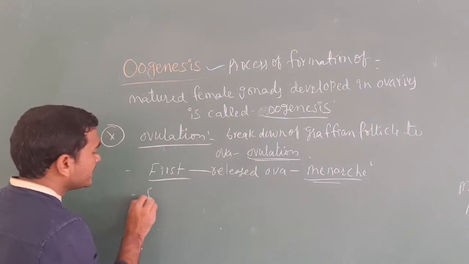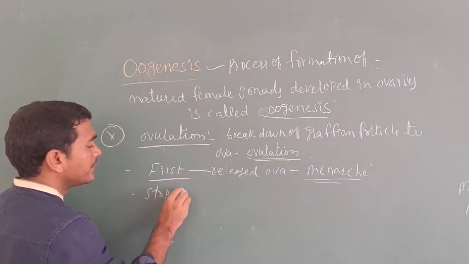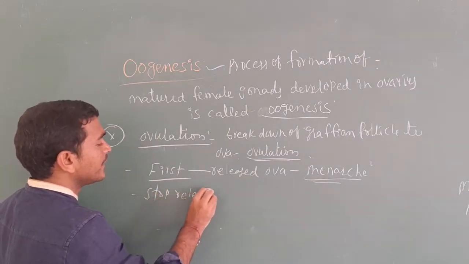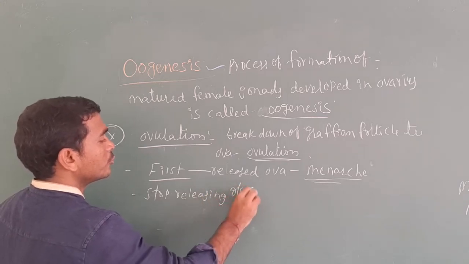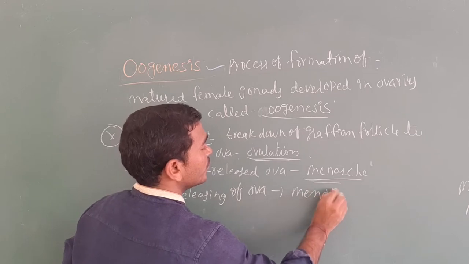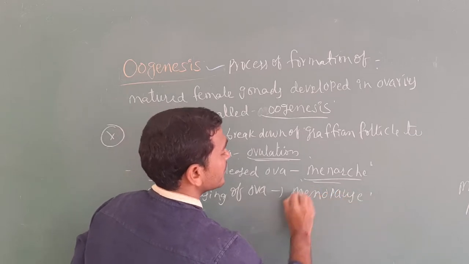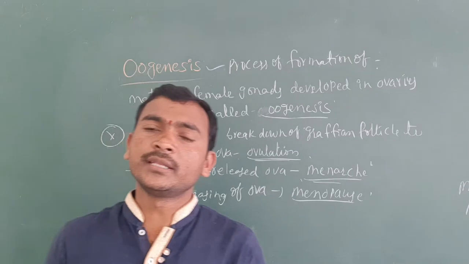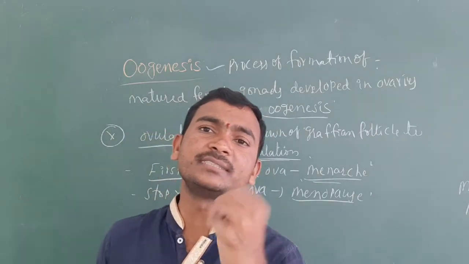To stop the releasing of ova is called menopause.